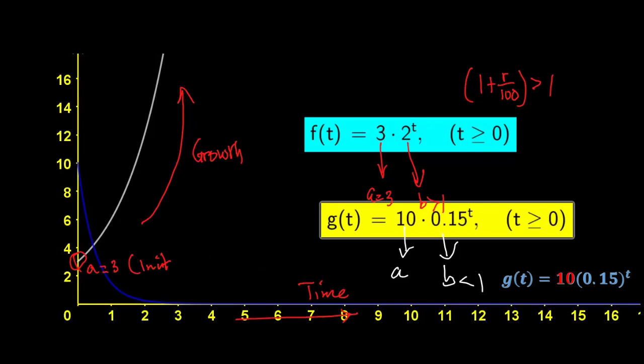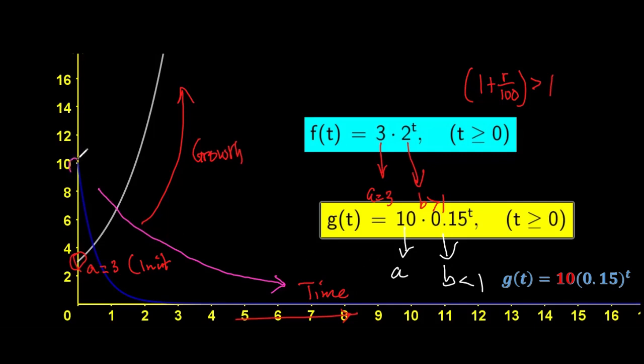So that represents decay. So you can see that movement towards the S axis or the time axis. So this models decay. So for decay, hence this value of B less than 1 is going to fall.